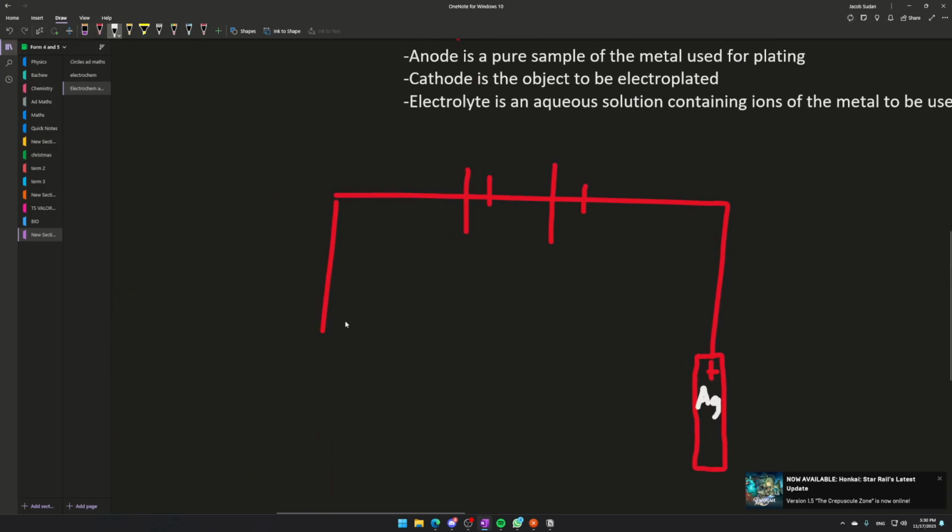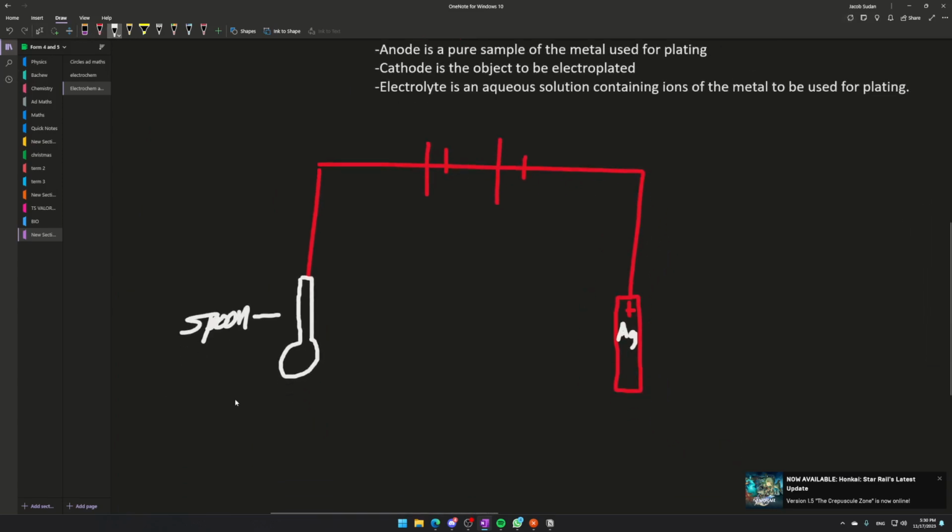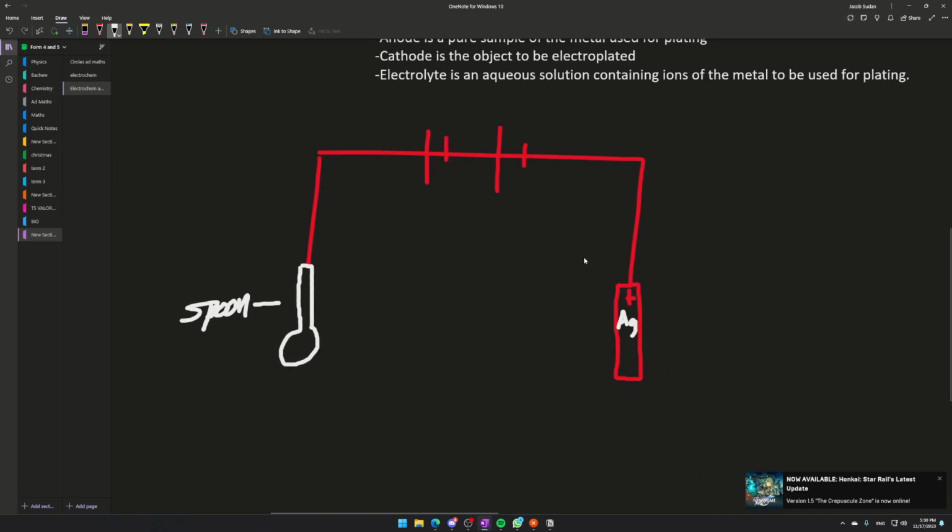So I will draw a spoon. Right. So what happens is electrons move from the Ag plus, this way, this way, this way, and onto the spoon.